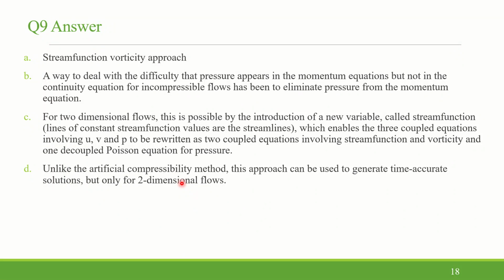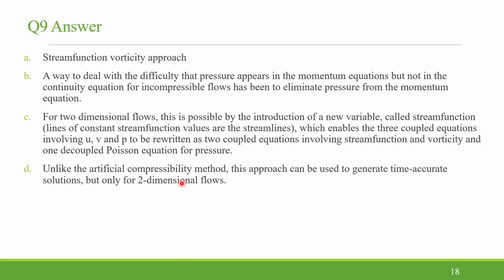Whereas here we are eliminating the pressure term from the momentum conservation equation, and we are solving it by introducing a new variable, stream function, and the three coupled equations now become two coupled equations involving stream function and vorticity, and one decoupled Poisson equation for pressure.